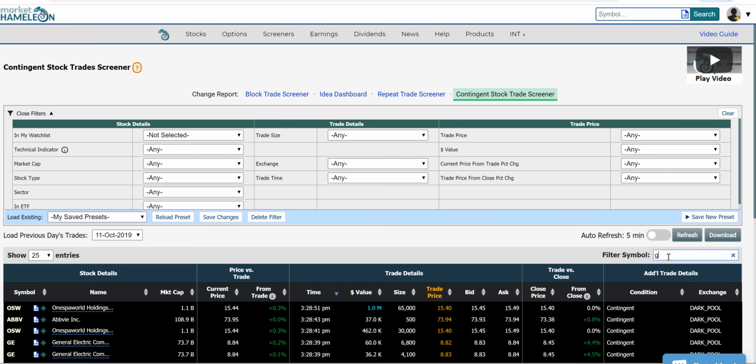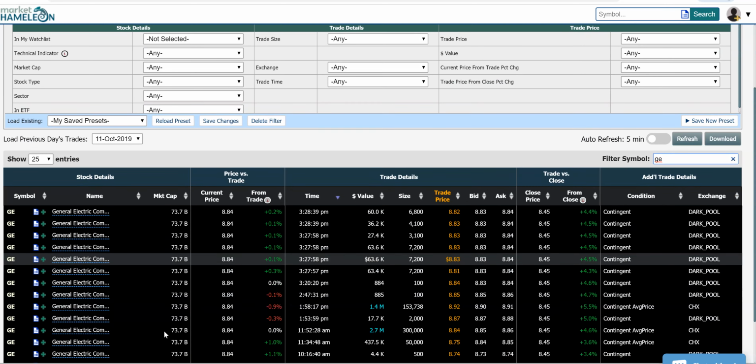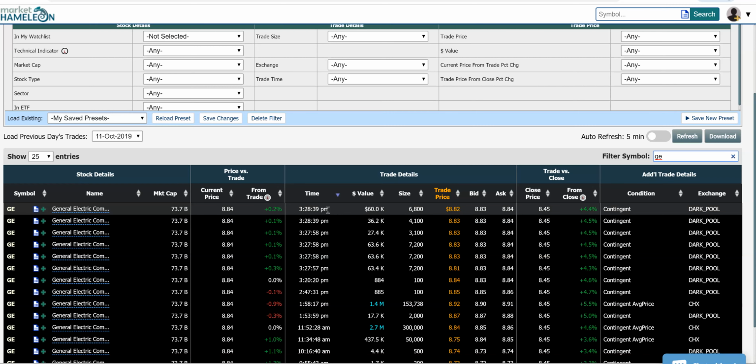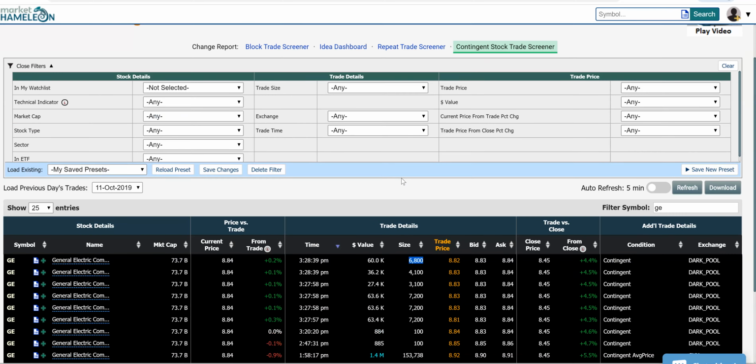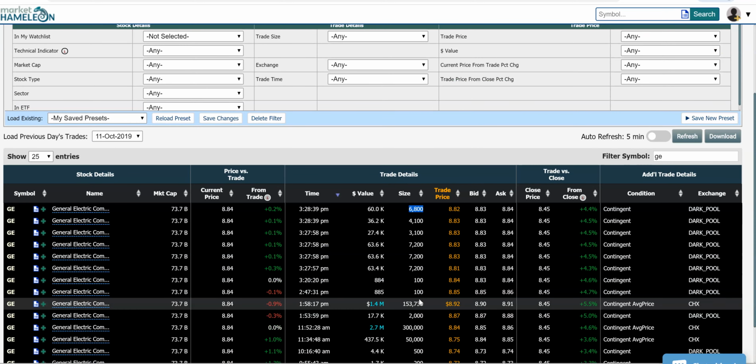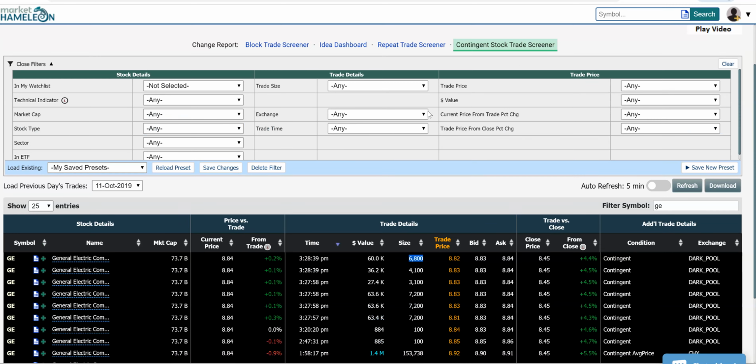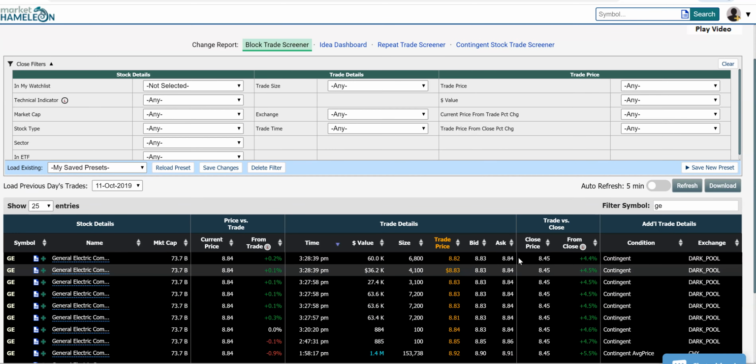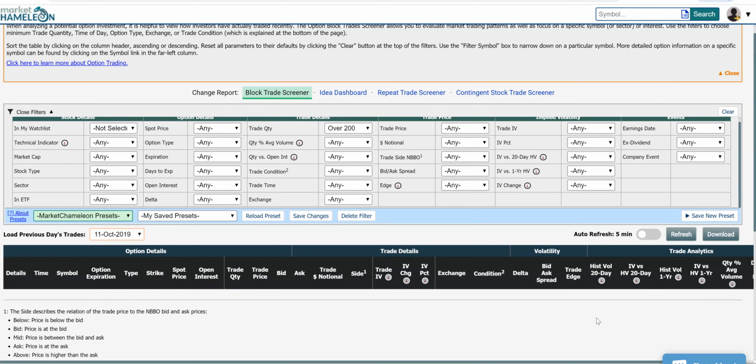I think we looked at GE. So you would match up GE at the same time as that option, and you'll see. That one was 1-for-1, the one we just looked at, 6,800. But that's where you would then have to go look at the stock tape to see what traded on the stock tape to match up with the option tape when it's designated buy right.